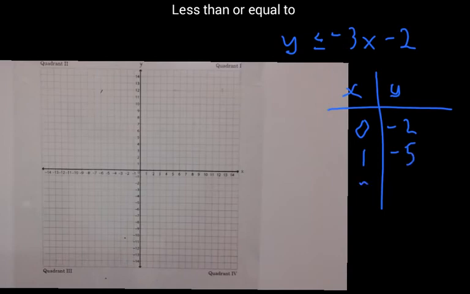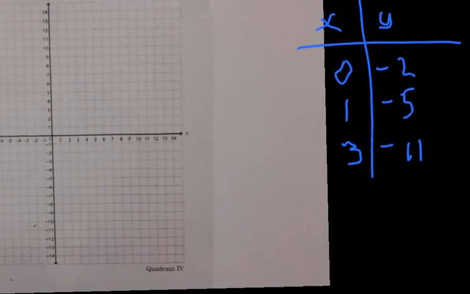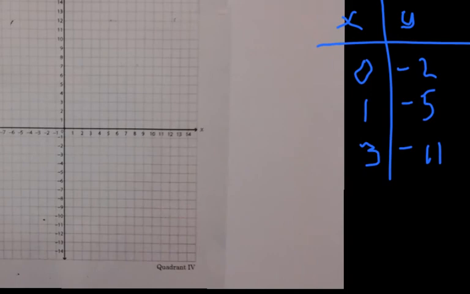If x is 3, then we get negative 11. You get a pretty extreme value there relative to the last chart, but we'll try to get it on there. So I go over 0, down 2, over 1, down 5, over 3, down 11.